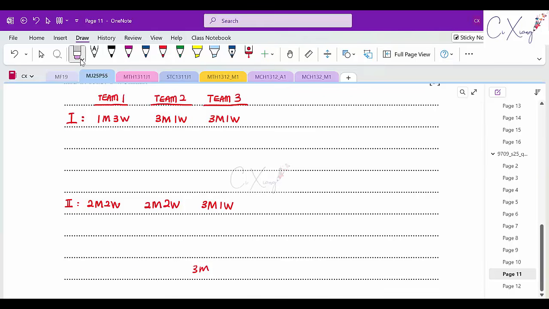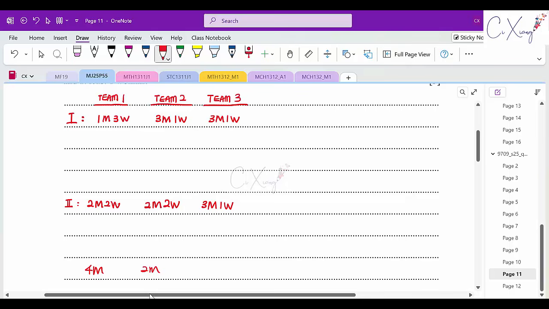Same thing happens for the number of men. Let's say some students say, okay, I want to try out 4 men in a group, can or not? If you want to try out 4 men in a group, then maybe this is 2 men, this is 1 man. But again, when you are having 4 men in the group here, you cannot fit in any woman.